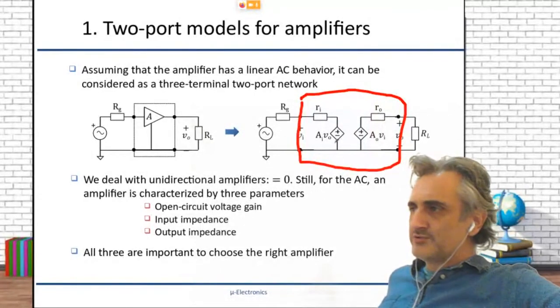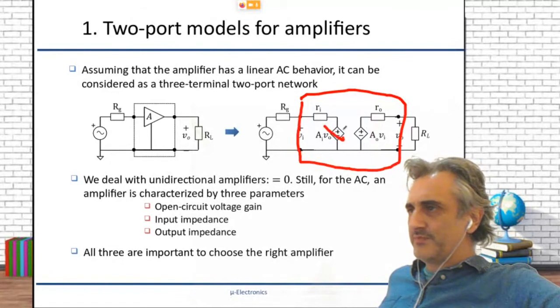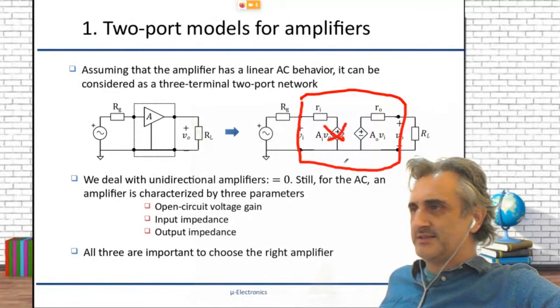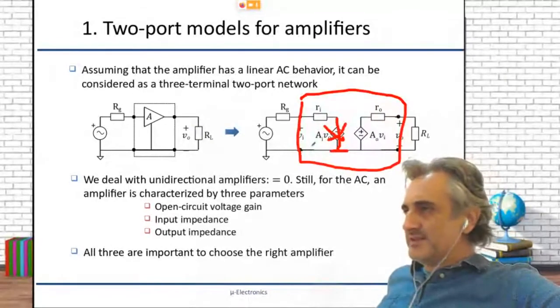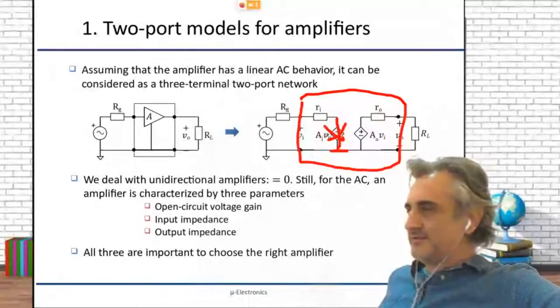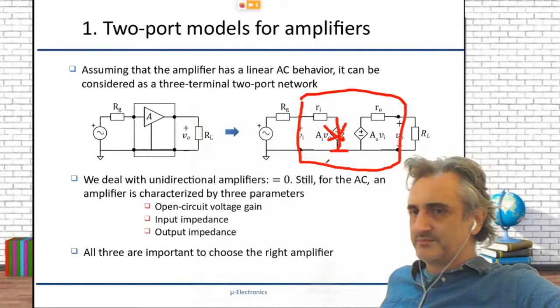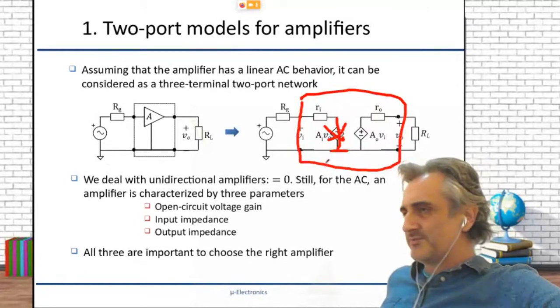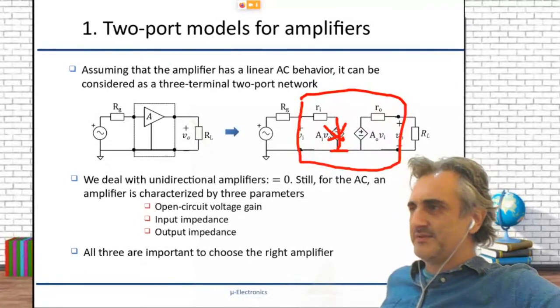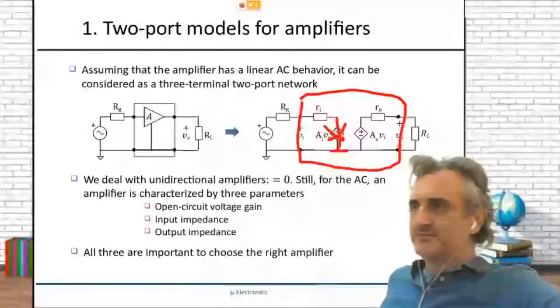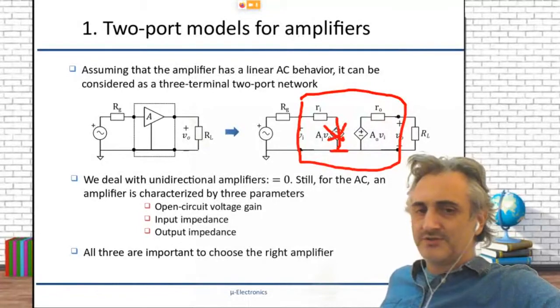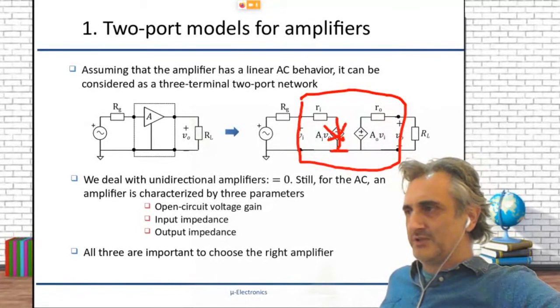Usually in electronics, this part doesn't exist. This is 0, so this is directly connected to ground. So this reverse gain is 0. Usually. There are some cases where it's not 0, but they are designed to do that. In the general case, the reverse gain is 0, so there is no influence of the output voltage over the input voltage.